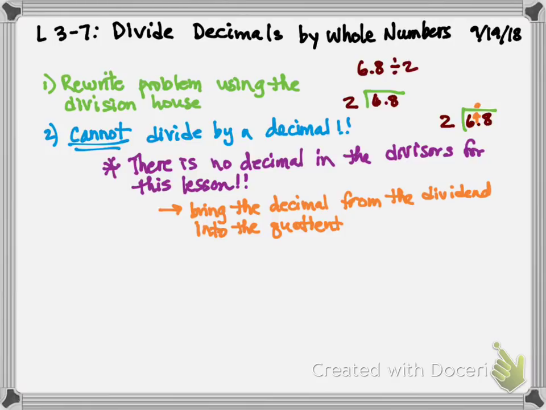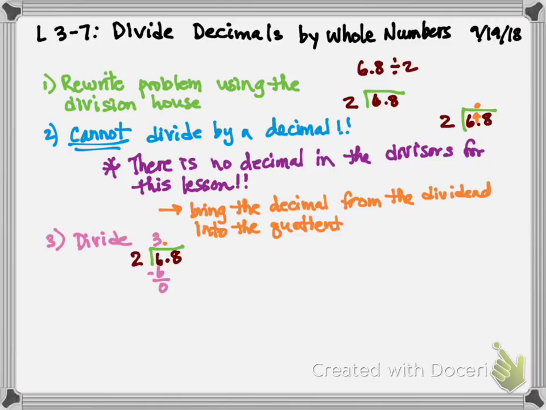At that point, we get to finally divide. So that's precisely what we're going to do. Divide. So for our problem, we've got our division house. We've got our divisor 2 and our dividend 6.8. We brought our decimal point straight up because our divisor is a whole number, and then we just divide. So 2 goes into 6 evenly 3 times. 2 times 3 is 6.